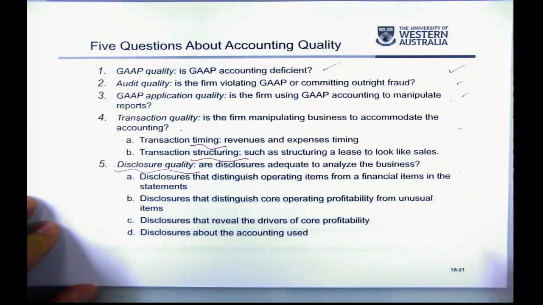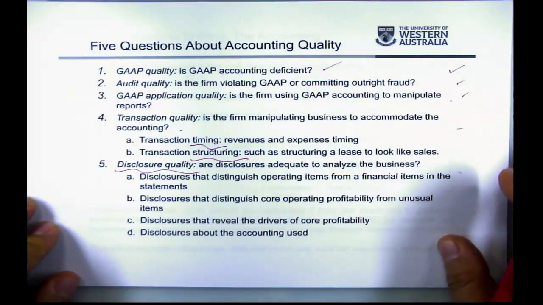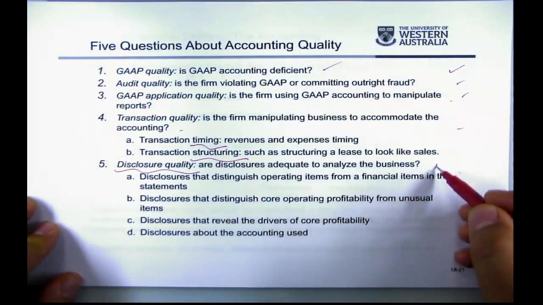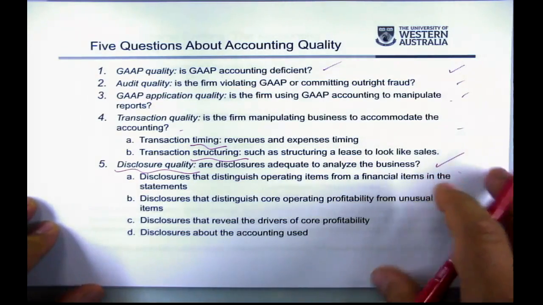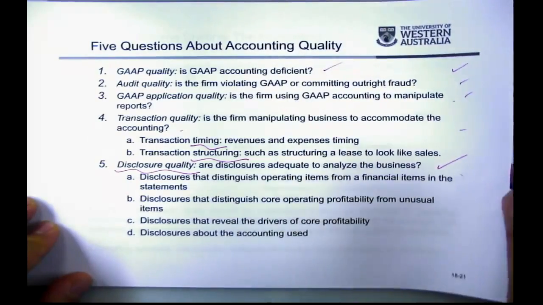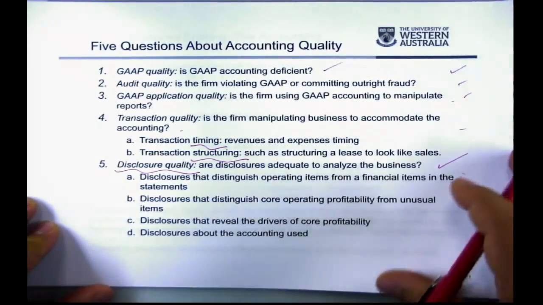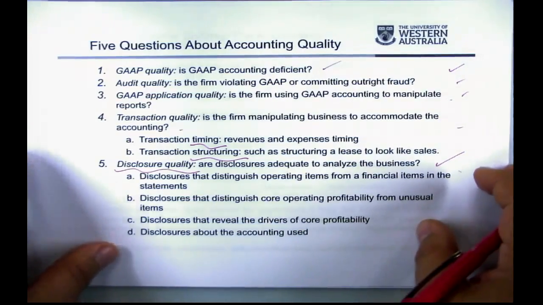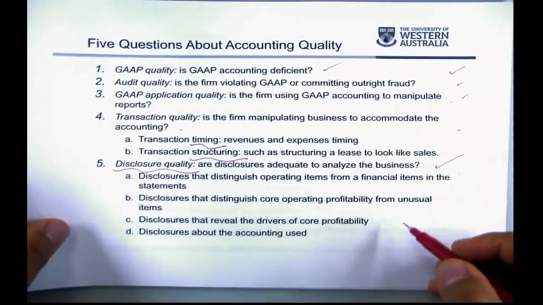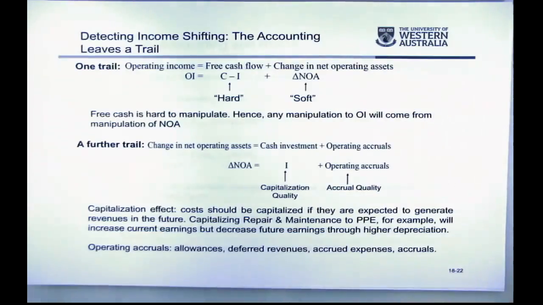Disclosure means the details that come with the financial statements. The greater the details, the better the quality of the reports, right? Low disclosure or little disclosure is not good. It's not very informative. We need enough disclosure in order to see and be able to properly identify each item.